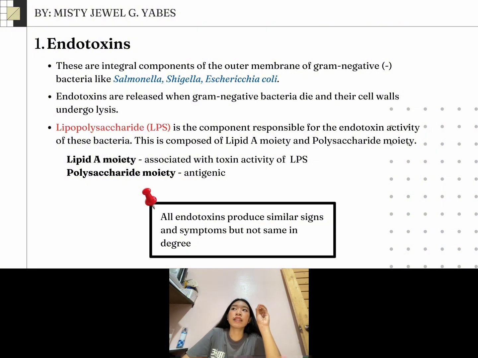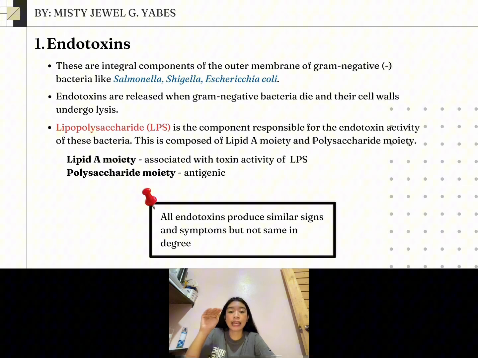Ang endotoxin natin, so paano ba nare-release ang ating endotoxin? Ang endotoxin natin ay nare-release kapag ang ating gram-negative bacteria ay namamatay at ang cell wall nila is undergoing lysis. So doon nagpro-produce or doon nare-release ang endotoxins. So ano nga ba ang main component na responsible dito sa ating endotoxins?